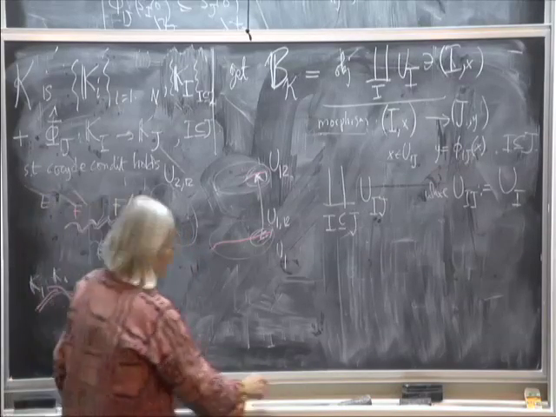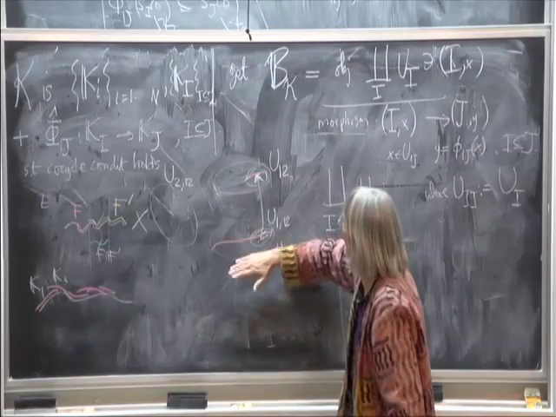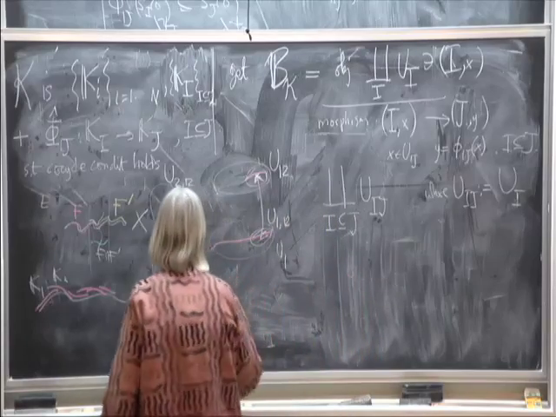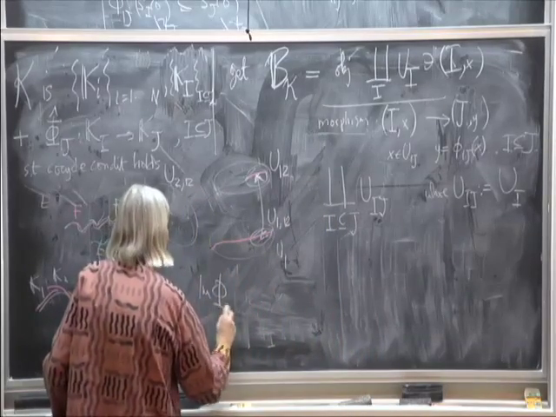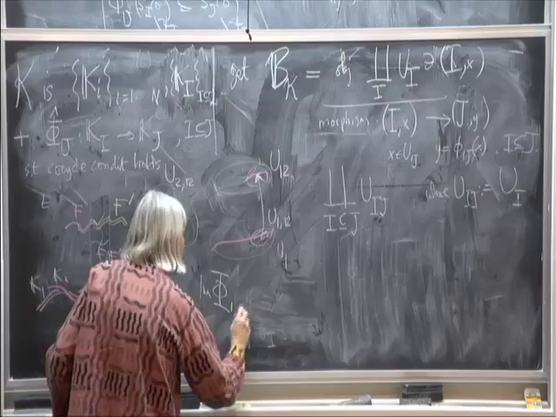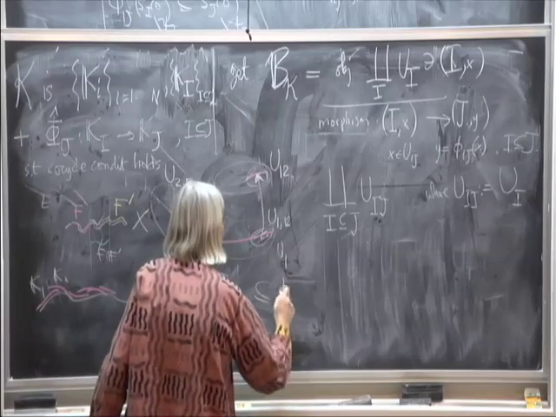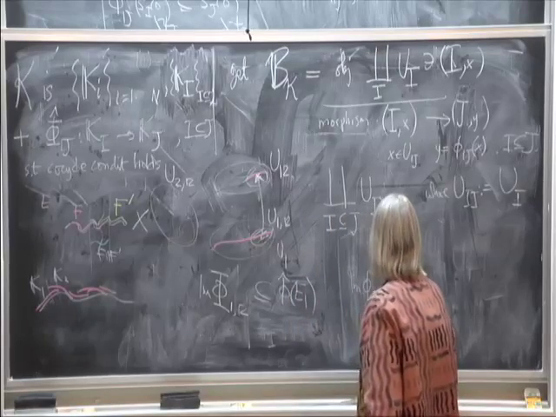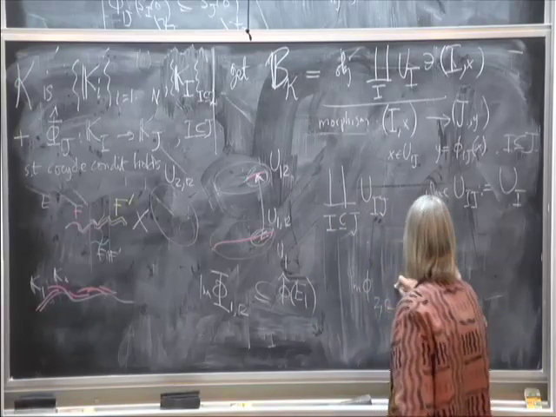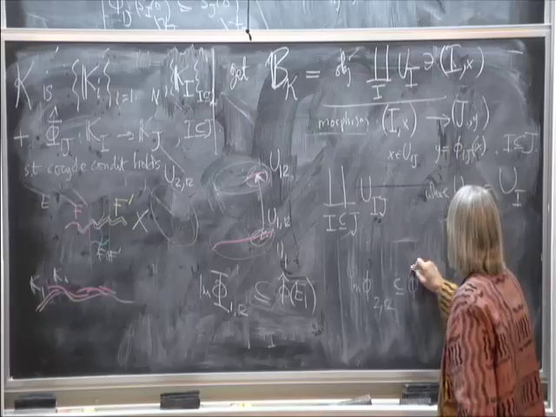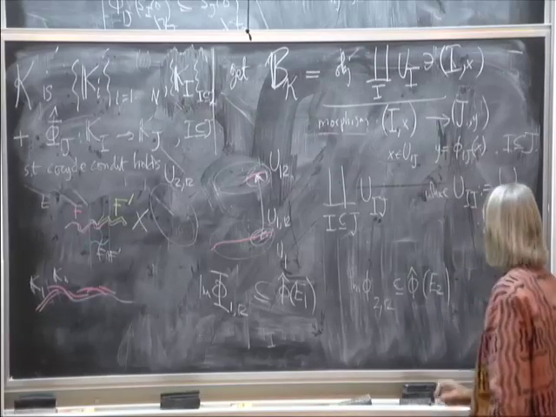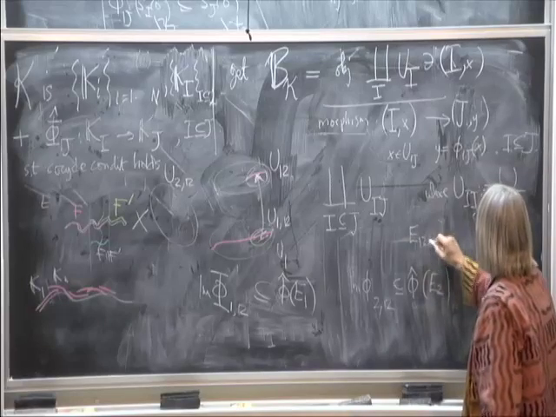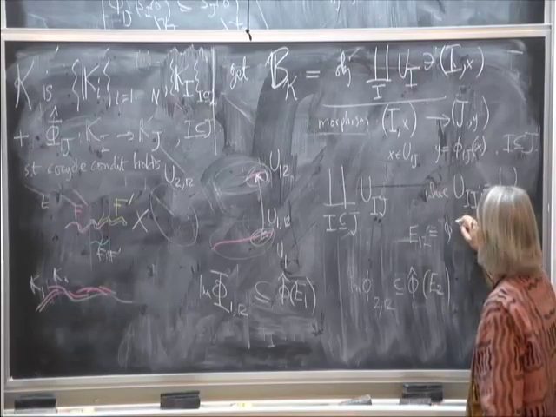Because the way we have our transversality conditions is that the image of phi 1 is contained in the image phi hat of E1, and the image from phi 2 is contained in phi hat of E2, and typically E1,2 is going to be isomorphic to the direct sum of these things.